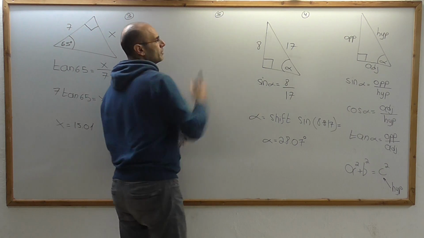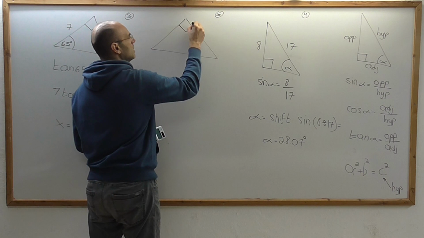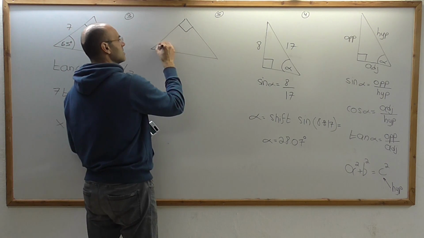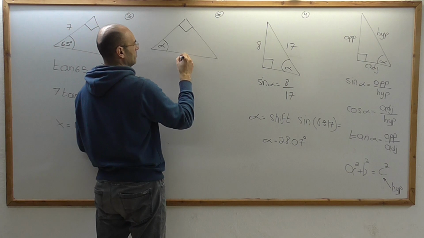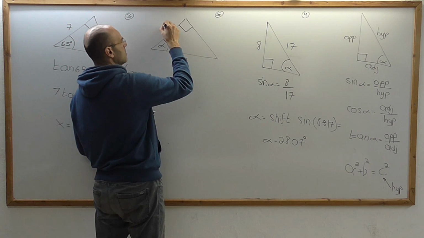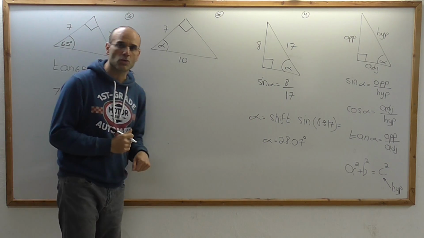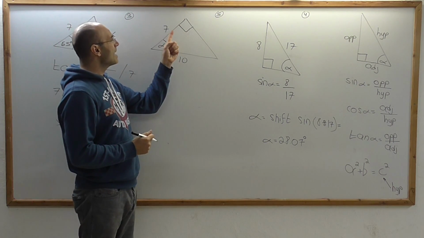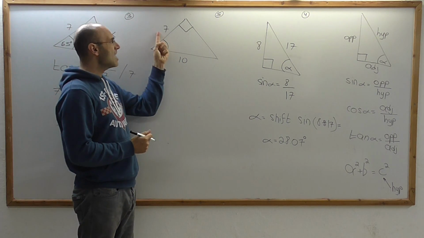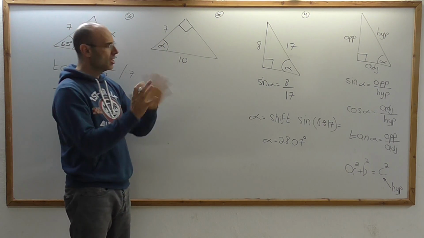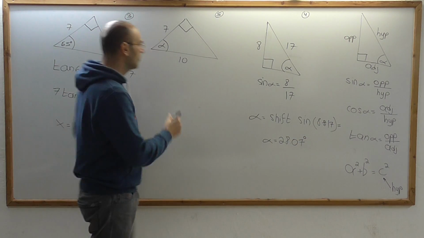Another example, 5. Let's say this is alpha, this is 10, and this is 7. I want the alpha. Let's talk to ourselves again. I have the adjacent side and I have the hypotenuse. Adj, hip. Who corresponds with adj and hip? The cosine.